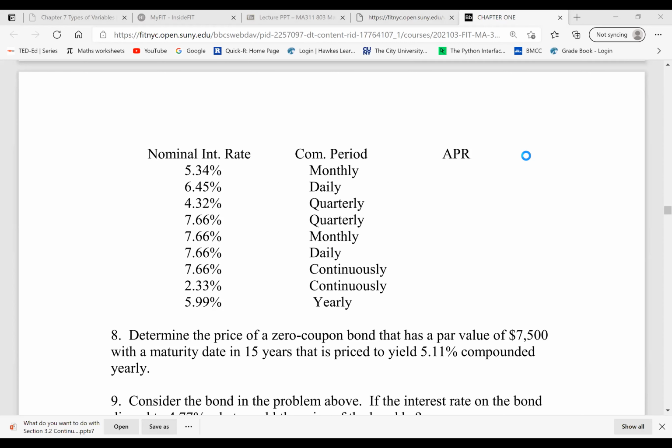So first of all, what if it's a 4.78% nominal interest rate and it's compounded continuously?